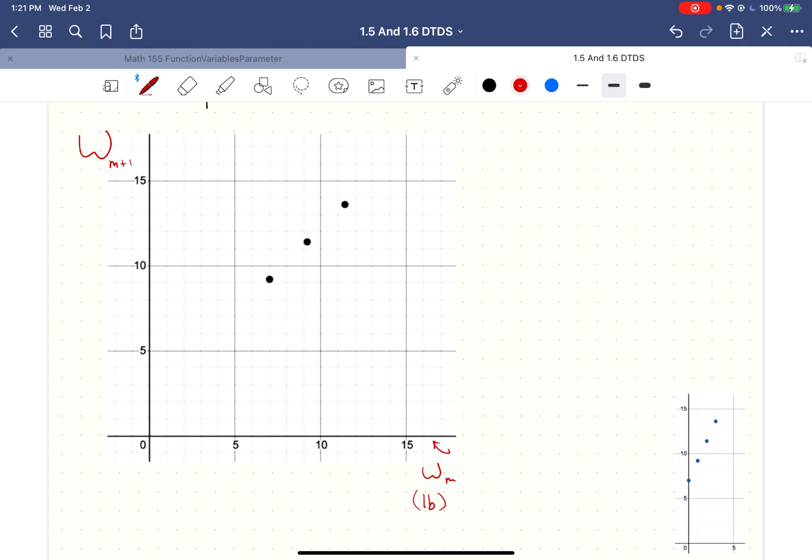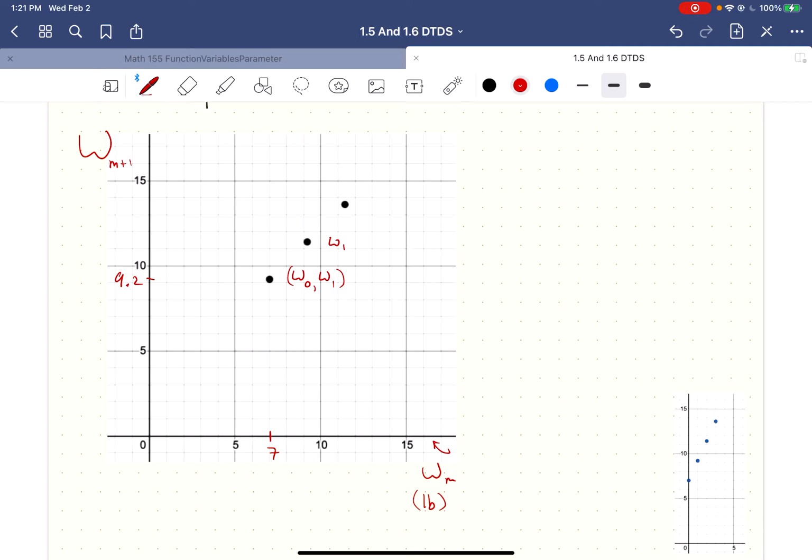So for example, my child began at 7 pounds, and a month later it weighed 9.2 pounds. So this first dot is saying if you start at 7 pounds, a month later you'll be 9.2 pounds. But I could also label it in general and call it W0, W1. Or I could have called it 7, 9.2. Doesn't matter.